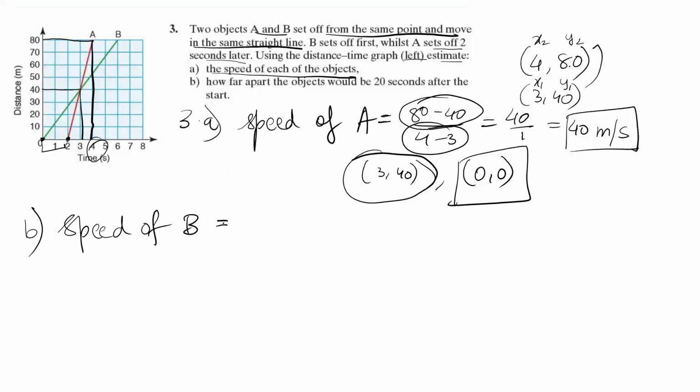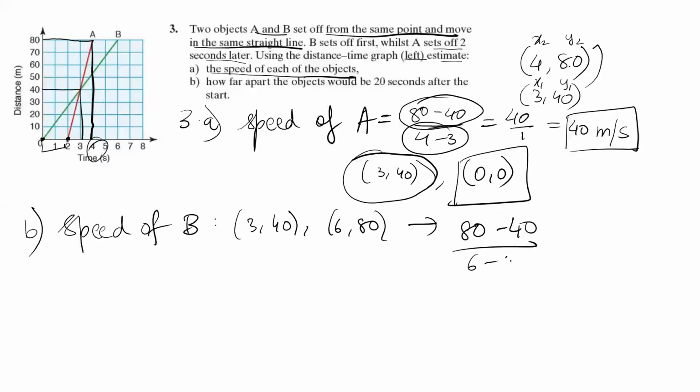Yep, you can do that. So we can do 3, 40 and 6, 80. That would be 80 minus 40 divided by 6 minus 3, which is 40 over 3. So in this case, it is 40 over 3.